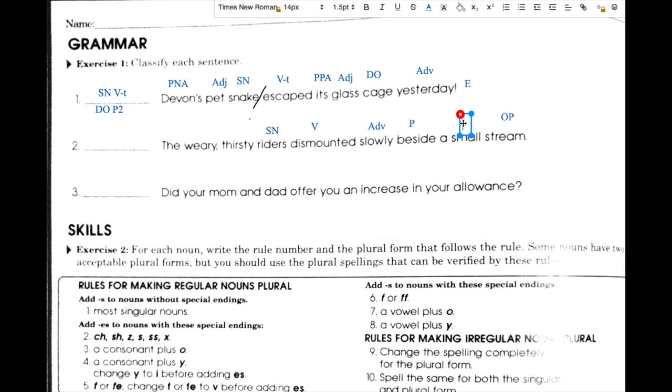What kind of stream? A small stream. It's describing, so it's an adjective. A is always an article adjective. The is always an article adjective. What kind of riders? Weary, adjective. What kind of riders? Again, thirsty, another adjective.